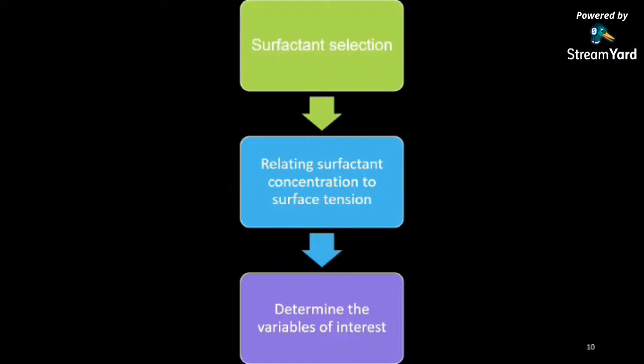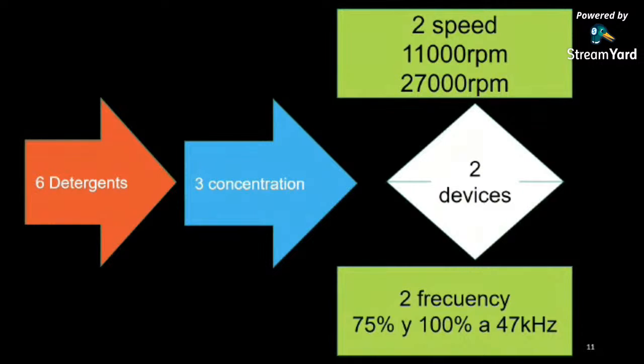Then there also has to be a relationship between the surfactant concentration and the surface tension of water. This material was used, and we also determined the variables of interest. For the determination of variables, 6 detergents were used.